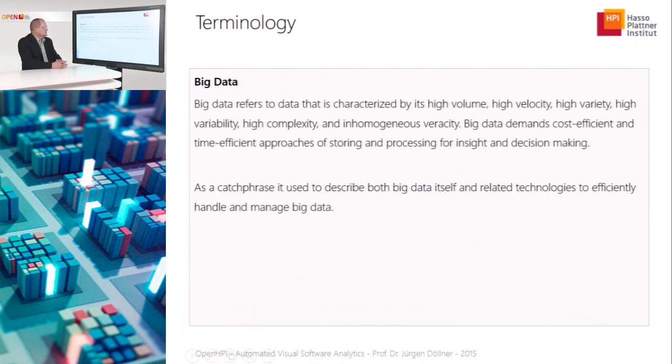Big data demands cost-efficient and time-efficient approaches of storing and processing, for getting insights and decision-making. As a catchphrase, it is used to describe both big data itself and, of course, all related technologies that allow to efficiently handle and manage big data.